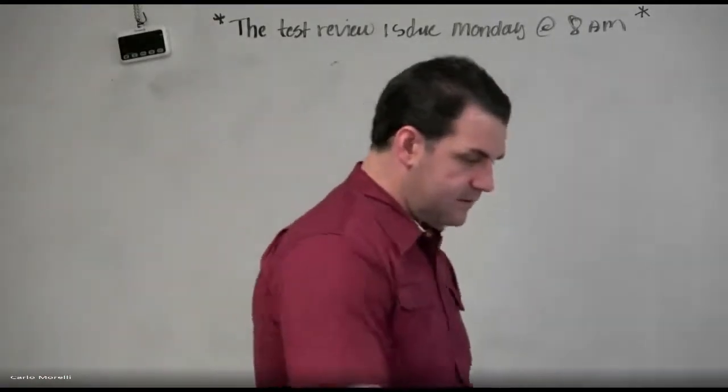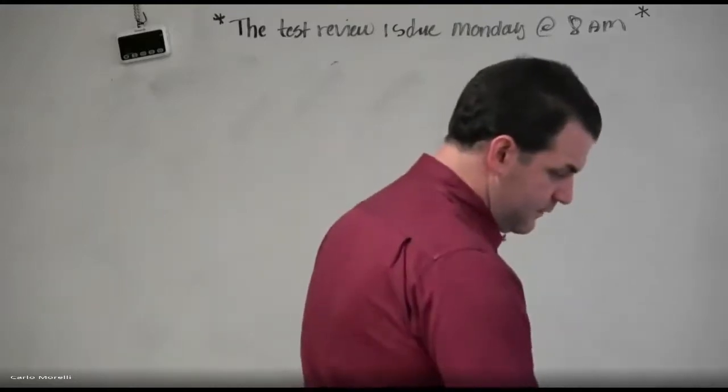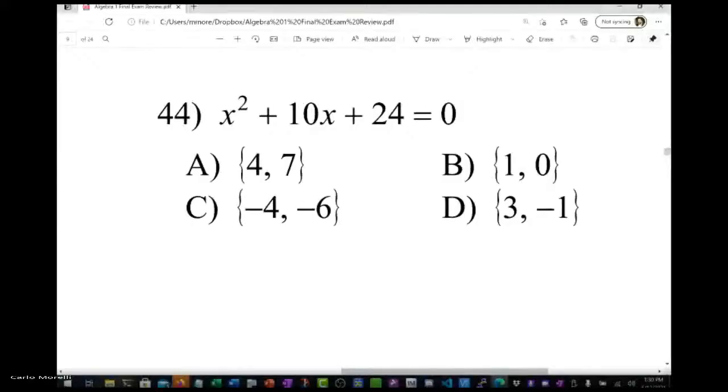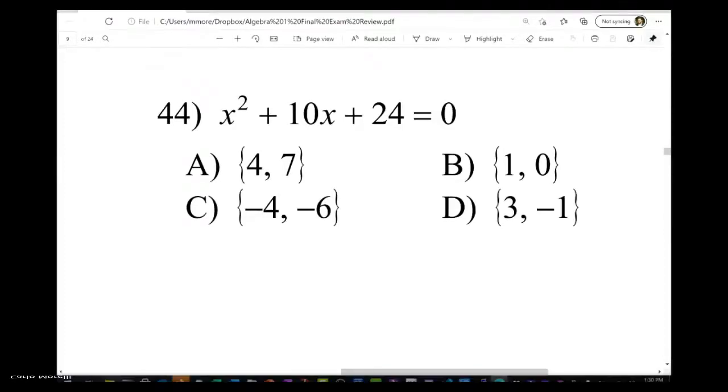Okay, let's take a look at number 44. Number 44, x squared plus 10x plus 24. So it's just like 43, it's a quadratic.